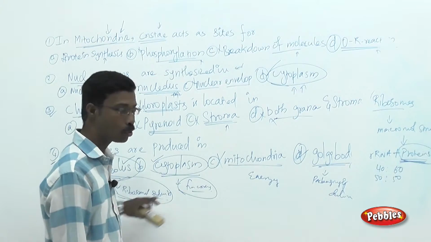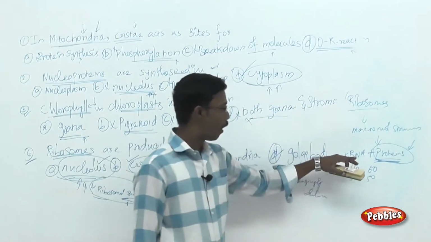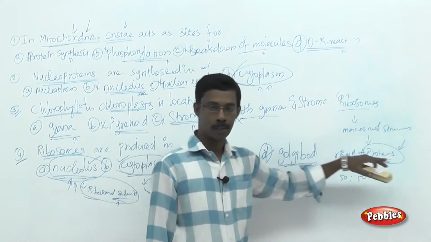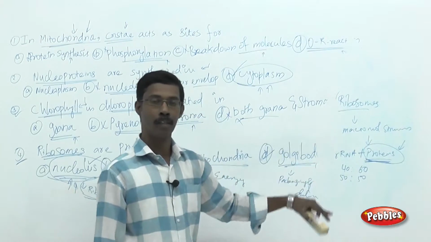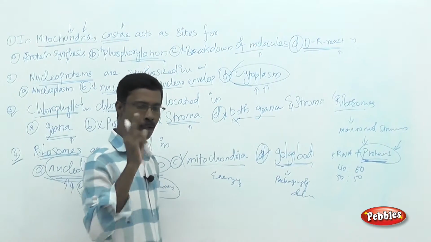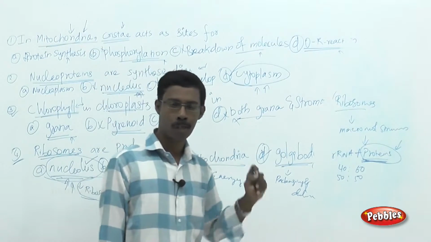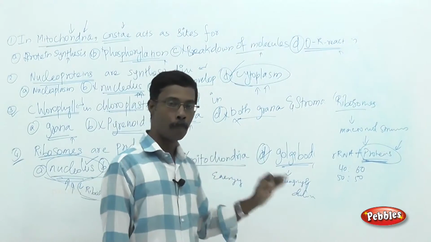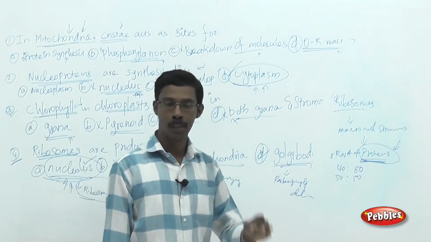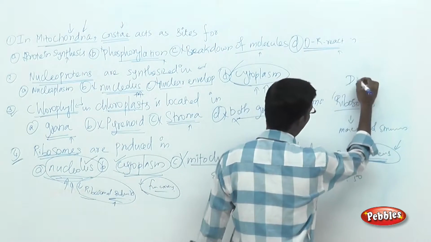The ribosomes are made up of rRNA plus proteins. What is rRNA? It's a type of RNA synthesized within the nucleus. Whenever you are thinking about RNA synthesis, about transcription, remember that transcription happens within the nucleus, because the DNA is present in the nucleus.